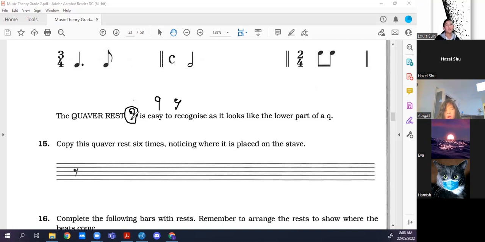Think of it as a 9, but then you fill in the circle, so it looks like that. If you draw a 9, you fill in the circle. So that's how you draw a quaver rest, I'd say, if you want a really easy way to remember it.